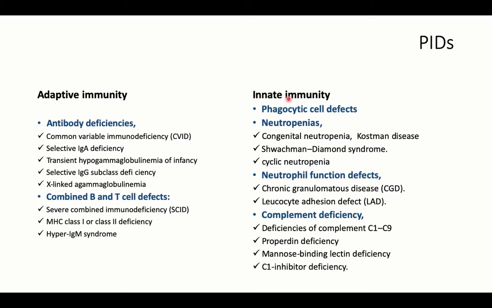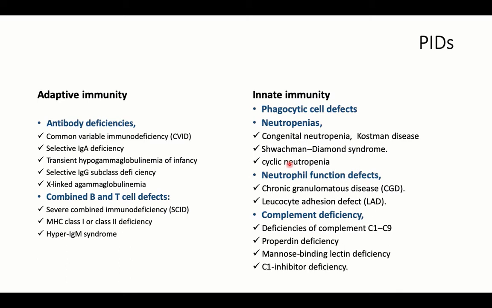Disorders of innate immunity include disorders in phagocytic cells, which can include neutropenia, or reduction in numbers of neutrophils. These include congenital neutropenia, called Kostmann disease, or Shwachman-Diamond syndrome, a syndrome that combines neutropenia and immune deficiency with pancreatic insufficiency and some other dysmorphic features.